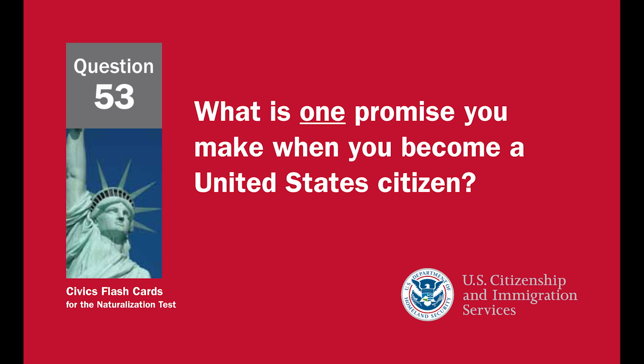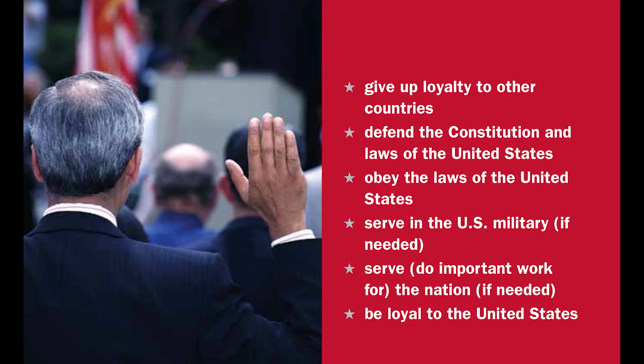What is one promise you make when you become a United States citizen? Give up loyalty to other countries. Defend the Constitution and laws of the United States. Obey the laws of the United States.